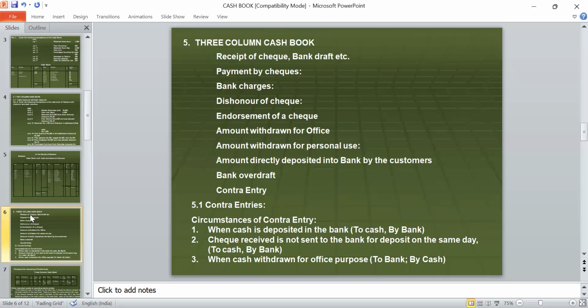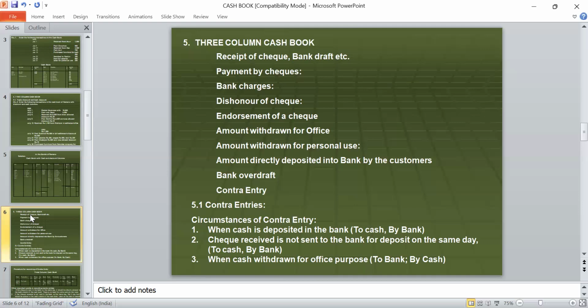Contra entry transactions arise when cash is deposited in a bank or cash is withdrawn from bank. There are two situations required for contra entry: one is cash deposited into bank and the other is cash withdrawn from bank.